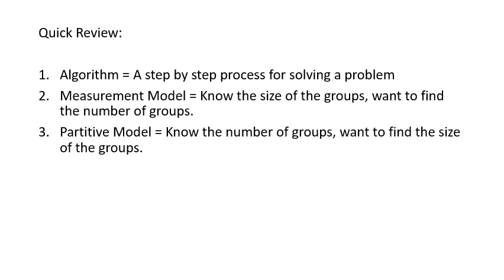The partitive model is where we know the number of groups. So we have our dividend, and we're going to partition it into the divisor number of groups. What we want to do is find the size of each of those groups. We want to know how much will go into each of those groups. Hopefully you remember that the measurement and partitive models are going to yield the same answer.